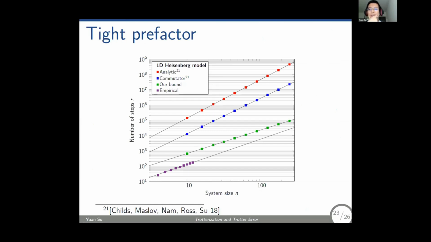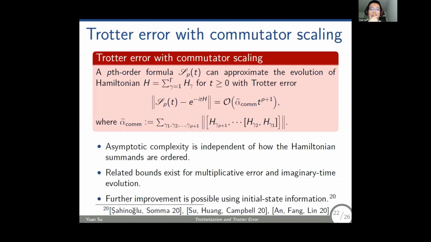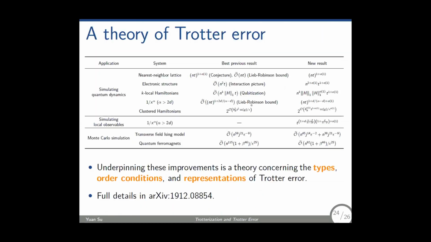Yeah, for a concrete case, you can just have a Hamiltonian where all the terms commute with each other. So this error expression will be 0 and you can saturate the error bounds. But in general, let's say you have a nearest neighbor 1D or higher dimensional case, then the Trotterization will have a complexity that is something like NT, very close to that. You have 1 plus little o(1) here.